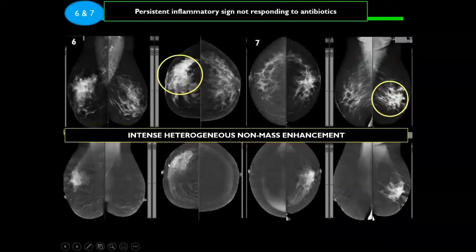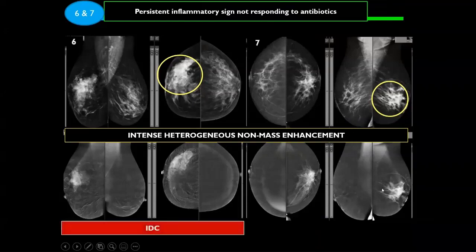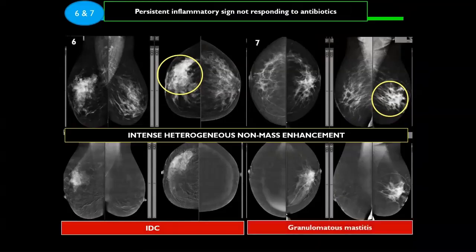These are two similar cases, and actually they looked similar. They showed a similar contrast pattern, and the first was an invasive duct carcinoma, while the second was granulomatous mastitis. Based on this, I usually tell them, whenever you encounter a patient coming with acute inflammatory signs, and she is still not diagnosed, please do not perform a contrast mammography because it will not solve the problem.